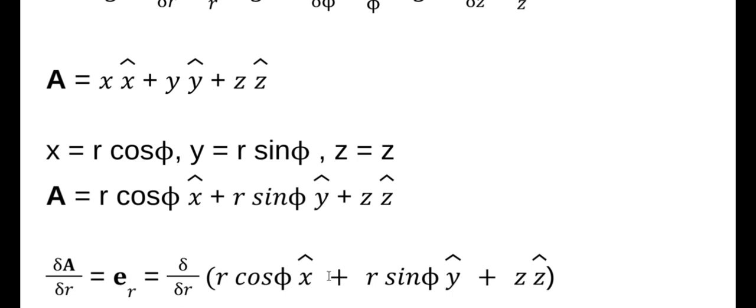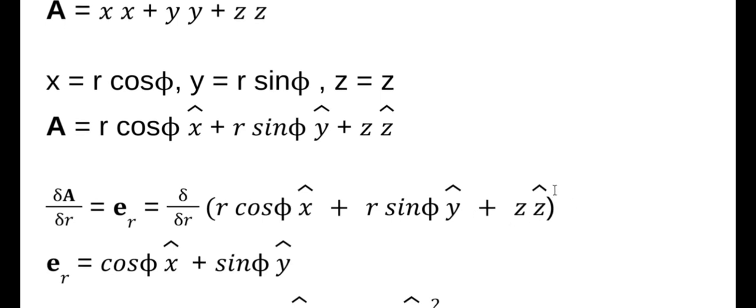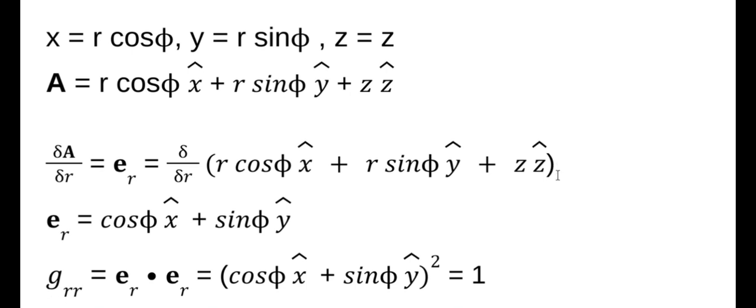All I have to do is take the partial derivative of this with respect to r. And so this is a constant, this is a constant, the derivative of r is 1, the derivative of this is 0, so we get that. Okay, now we can immediately find the component that we need, which is g_rr, defined as the dot product of e_r dot e_r.